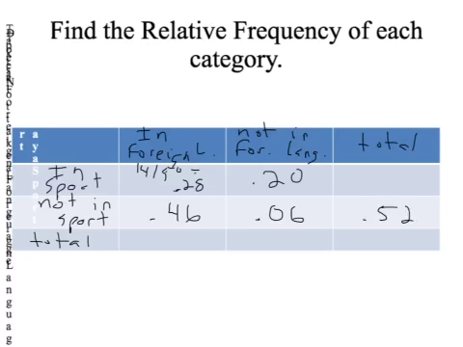And then total, we can add those together, give me a 0.74. Add these together, give me a 0.26. And 50 out of 50 is 100% or 1.00. So to find relative frequency, take the amount in each category and divide it by your total amount.